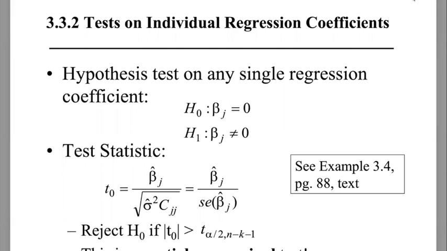Okay, next we look at how to test hypotheses about individual regression coefficients. Instead of the global hypothesis, where we're testing that all of the slope coefficients are 0, once we've performed that test, if we reject the null hypothesis of that overall test, and therefore conclude that at least one of the explanatory variables in the model is significant, or in other words, at least one of the slope coefficients is non-zero, then the natural follow-up question would be, okay, which slope coefficients are non-zero?